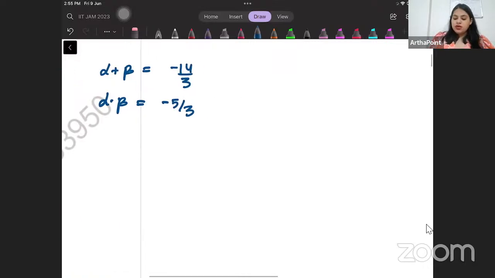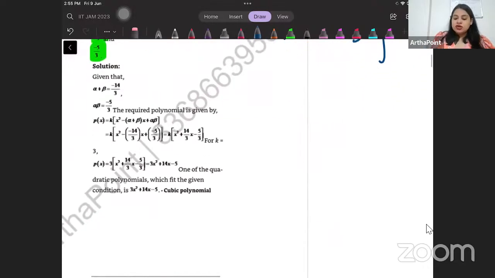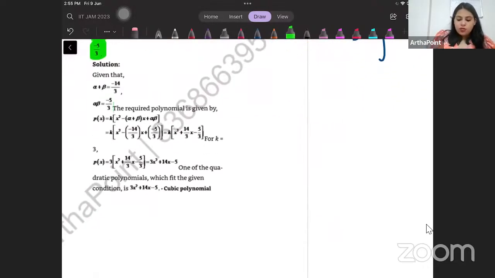So from here, we can go ahead and solve for the value of alpha and beta. So this is how we have gone ahead and done this. Look, the required polynomial is given by this.